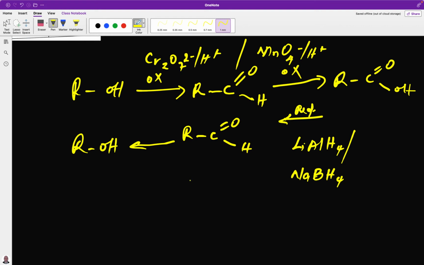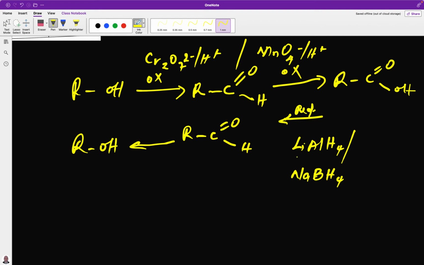If you can oxidize primary alcohol to the corresponding carboxylic acid using a suitable oxidizing agent like acidified potassium dichromate(VI) or acidified potassium manganate(VII), conversely, we can reduce the carboxylic acid back to the primary alcohol using lithium tetrahydroaluminate or sodium tetrahydroborate.